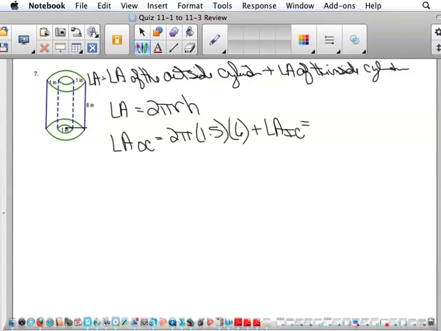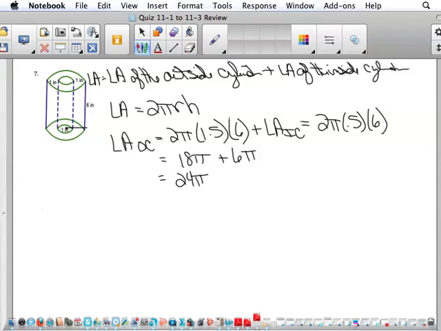And if that's 1 centimeter, the radius is going to be just 0.5. So I have 2 pi times 0.5 times the height, which is 6. So I'm going to have 2 times 1.5 times 6, 18 pi, plus 0.5 times 2 times 6, 6 pi. So my lateral area for this solid is 24 pi.